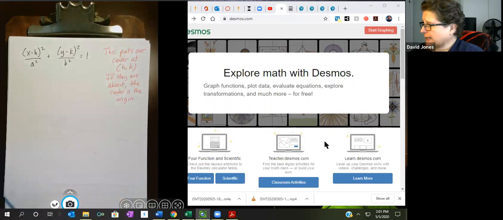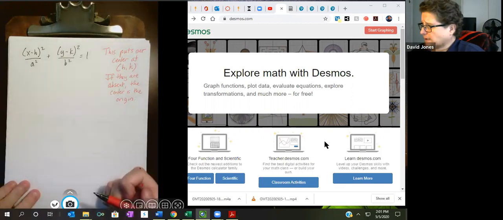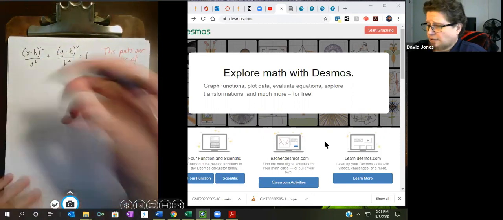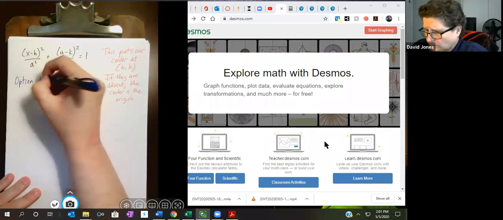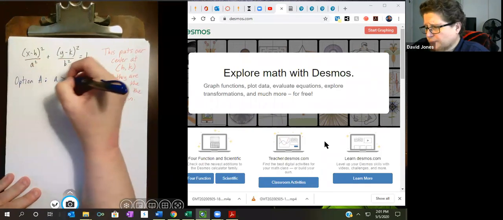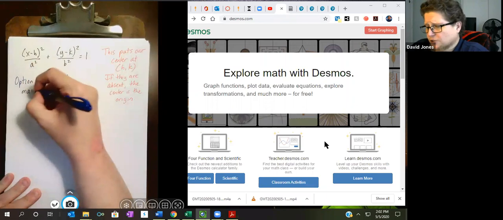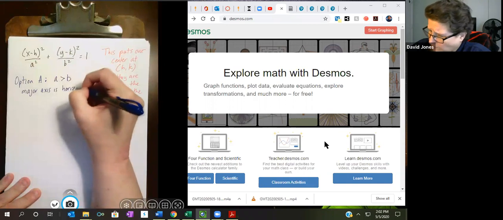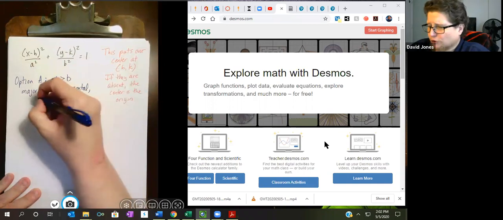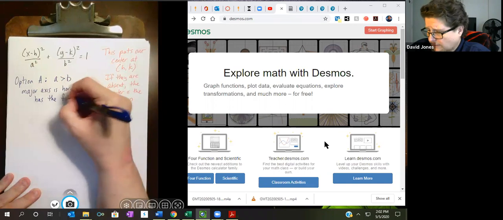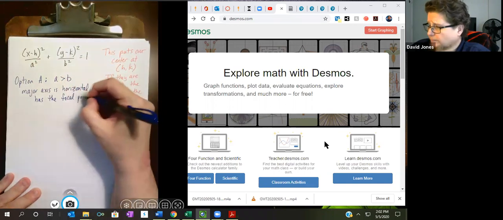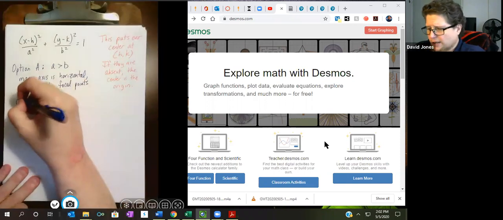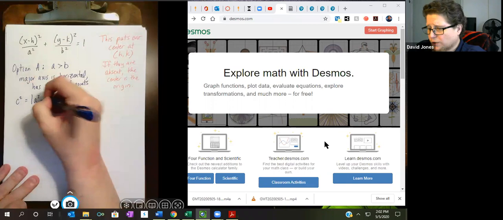So the foci in this form. Let's look at option A. That was where A was bigger than B. The major axis is horizontal, and has the focal points. Recall c squared, I told you, was the absolute value of a squared minus b squared.